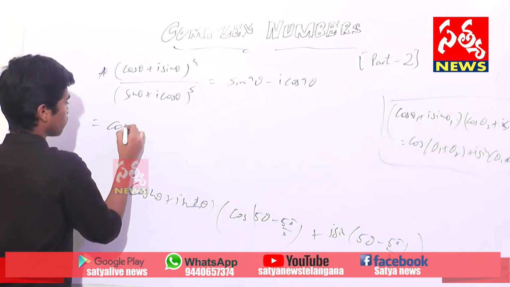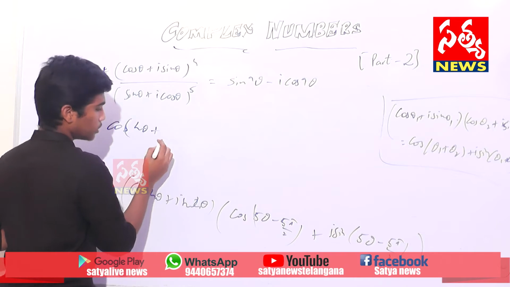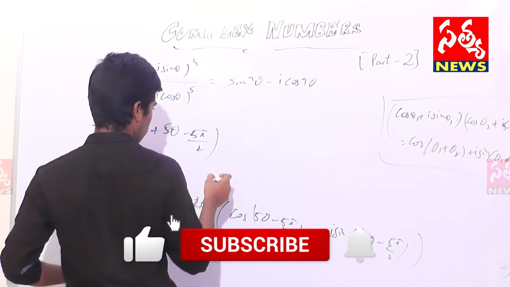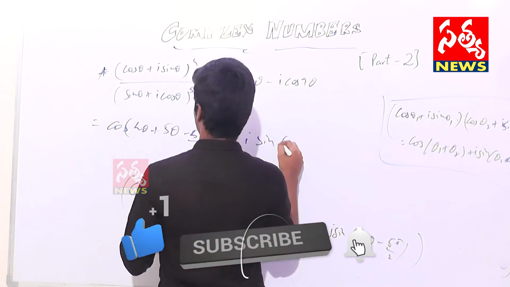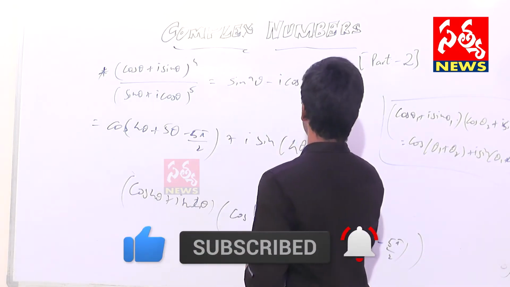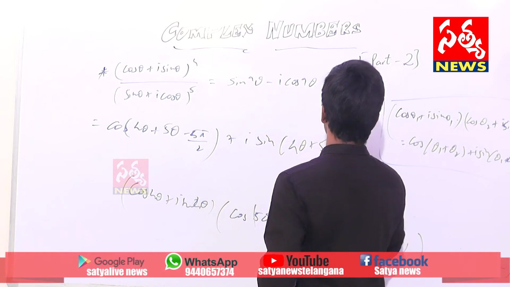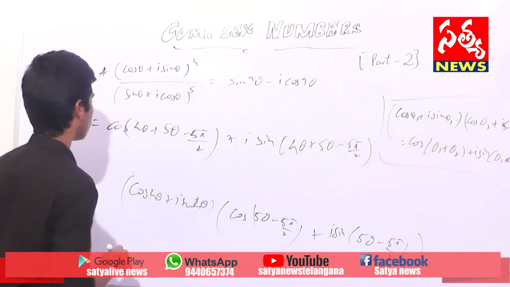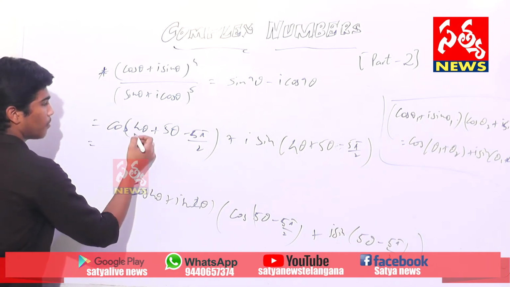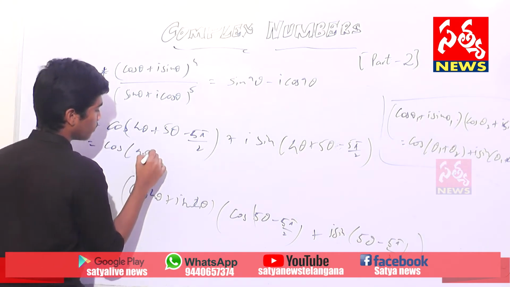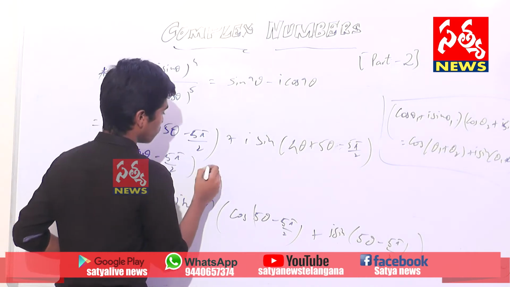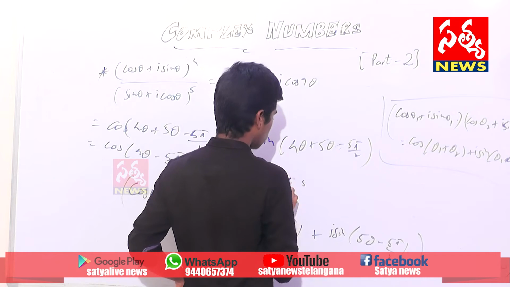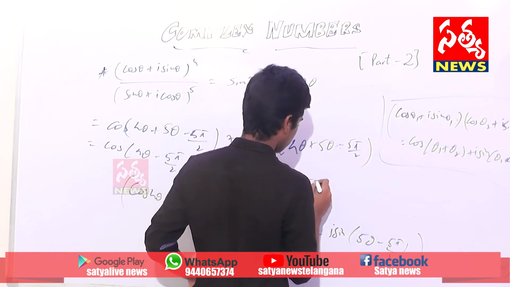Now cos of (4 theta plus 5 theta minus 5 pi by 2) plus i sin of (4 theta plus 5 theta minus 5 pi by 2). Now 5 theta plus 4 theta gives cos of (9 theta minus 5 pi by 2) plus i sin of (9 theta minus 5 pi by 2).